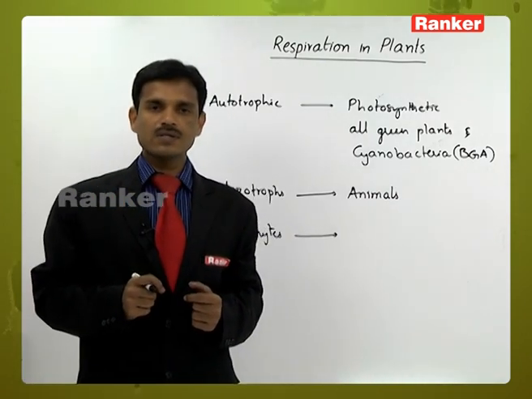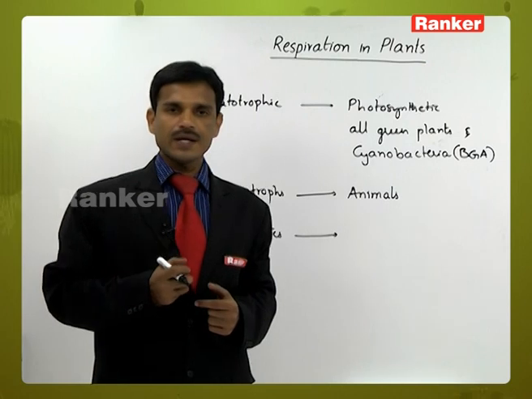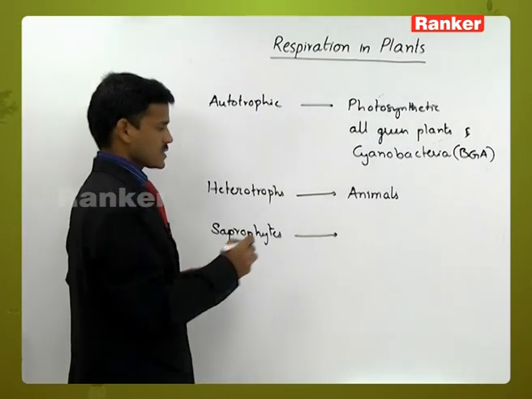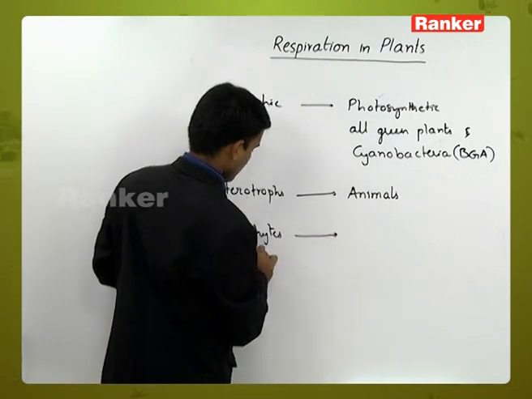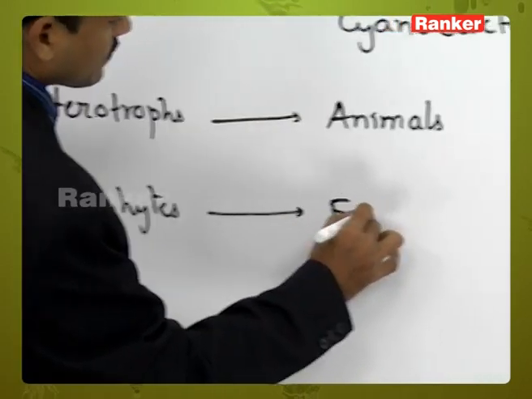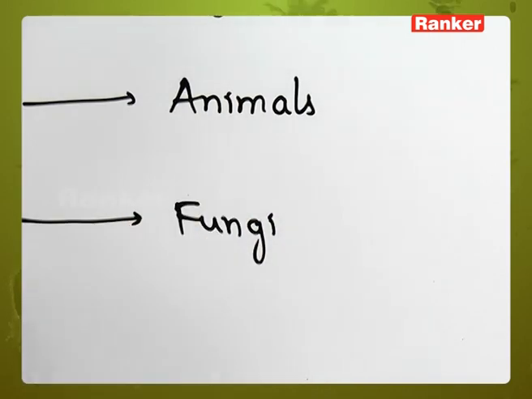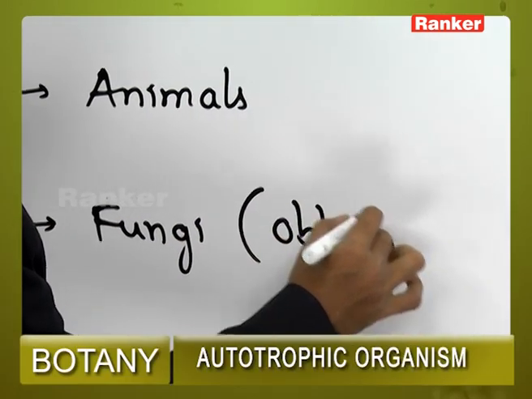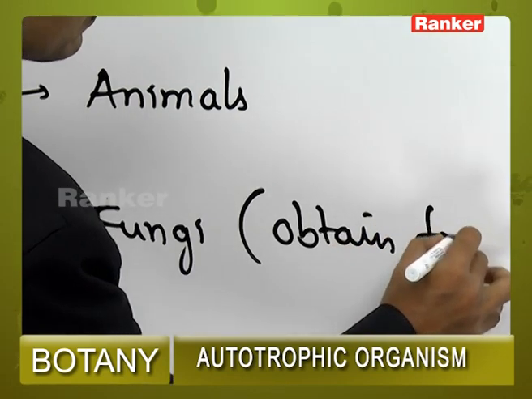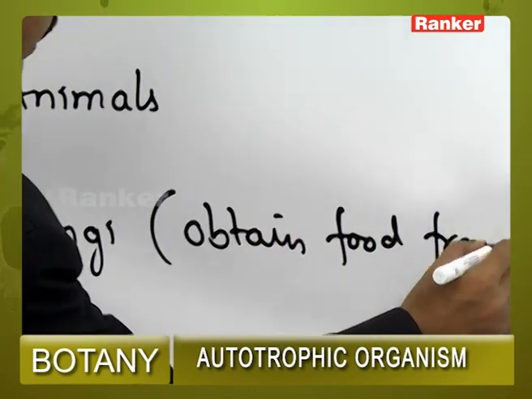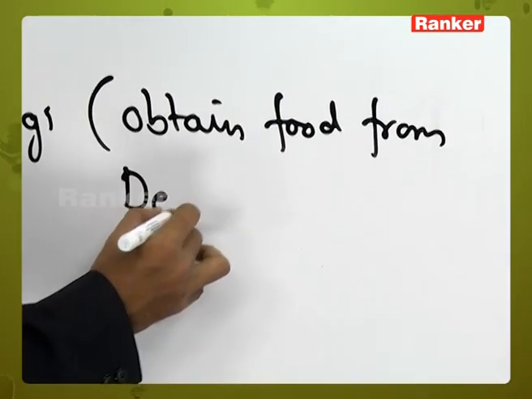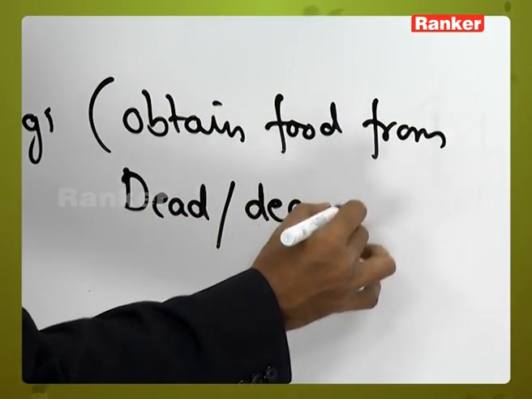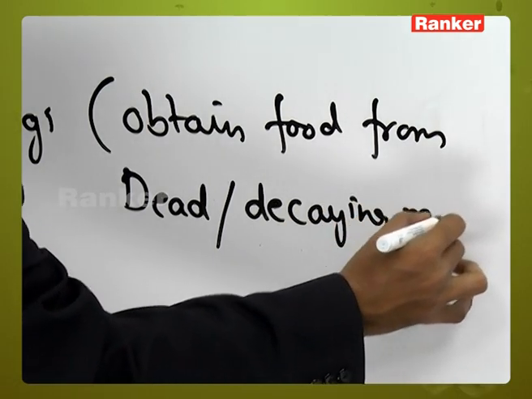Fungal members obtain their energy or food materials from decaying or dead organisms. Fungi obtain energy or food from dead or decaying material, decaying matter.